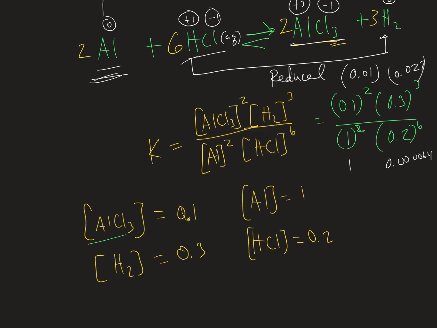So then we go 0.01 times 0.027 divided by 0.000064, which is 4.2.